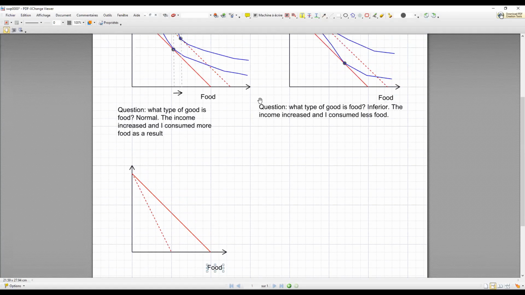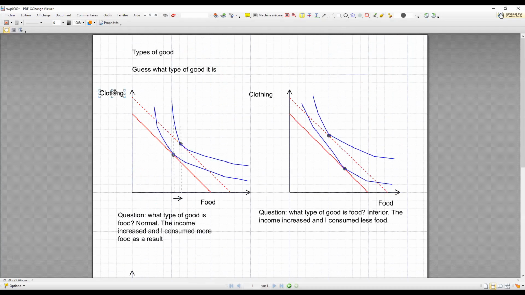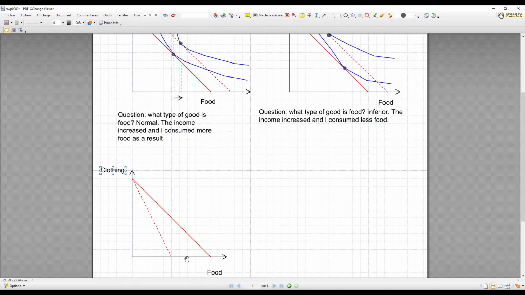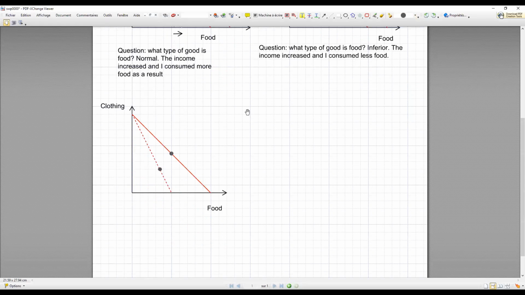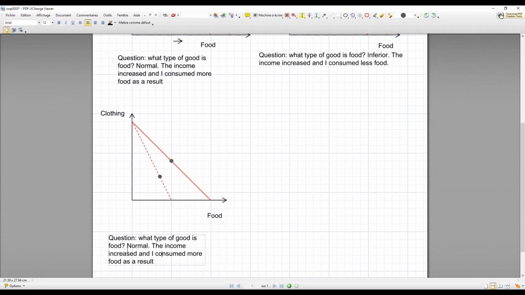Same question as before. What type of good is food? If I was here, now I'm here. So what type of good is food? Oh, and let me draw some. So again, I start with the solid line and I go with the dotted line there.